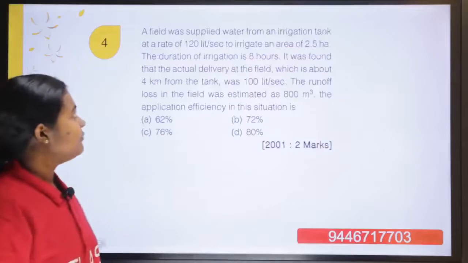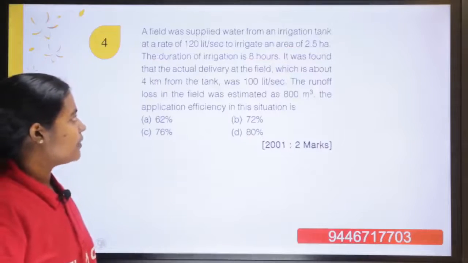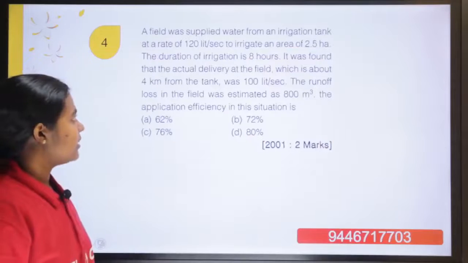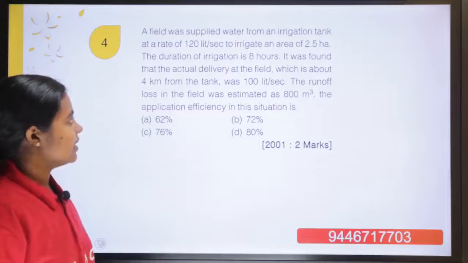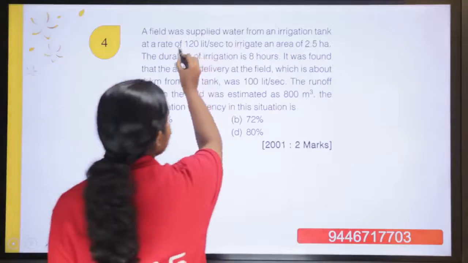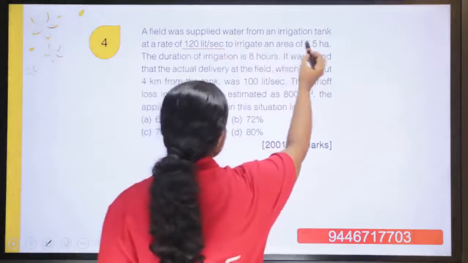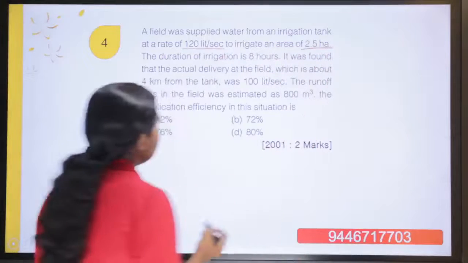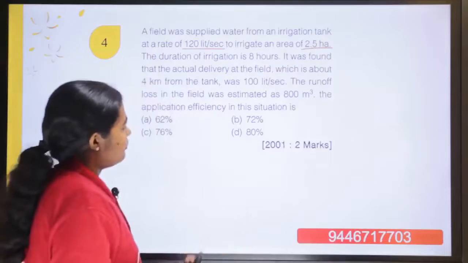A field was supplied water from an irrigation tank at a rate of 120 liters per second to irrigate an area of 2.5 hectares. This is the rate at which the water is supplied, and the area to be irrigated is 2.5 hectares.